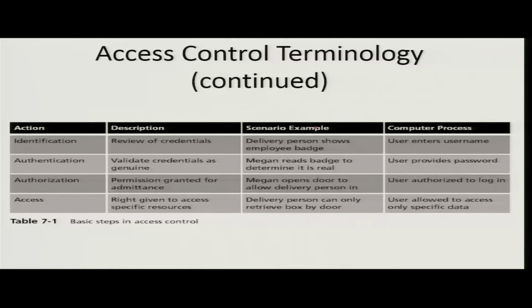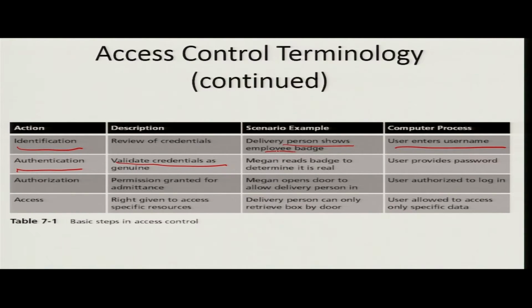So, going by some of the terminology. First is identification. So, how do you identify yourself? A delivery person may show an employee badge, and in case of a computer, the user enters a username. Authentication is the process of validating that what you are showing is genuine.